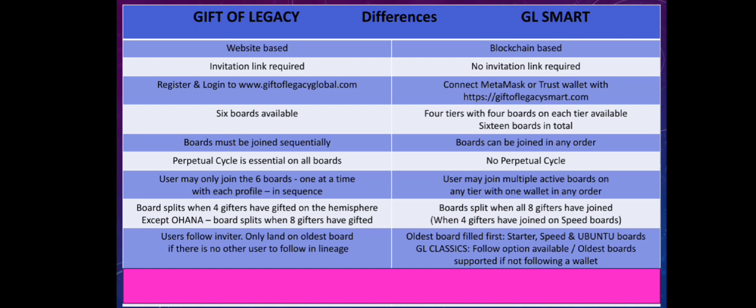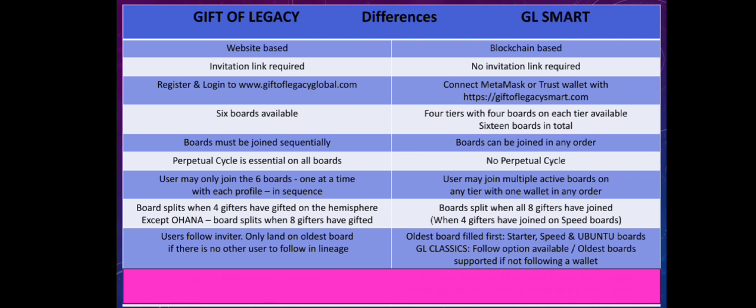In Gift of Legacy, users always follow their inviter, and you will only land on an oldest board if there is no other person for you to follow in your lineage or team. In GL Smart, oldest boards fill up first from the starter, speed, and Ubuntu boards.